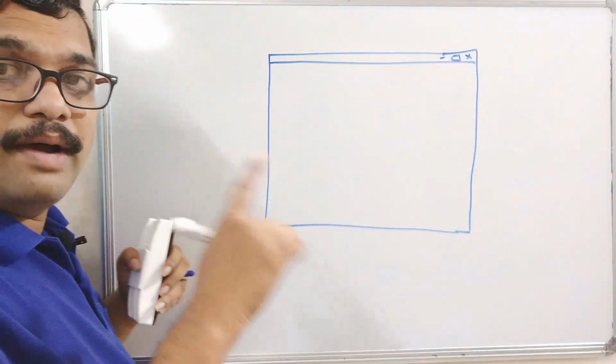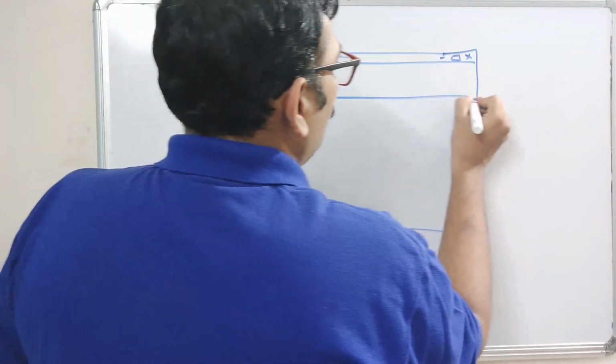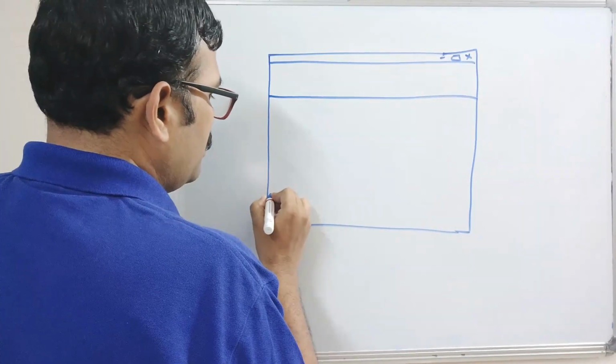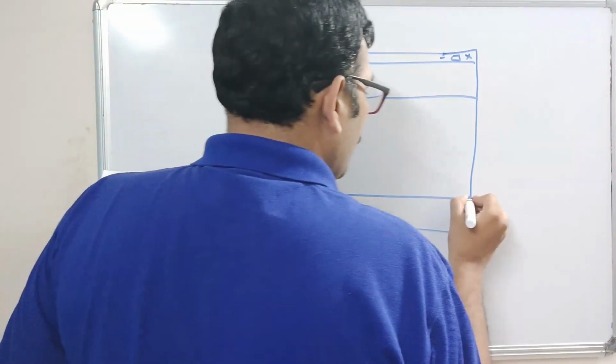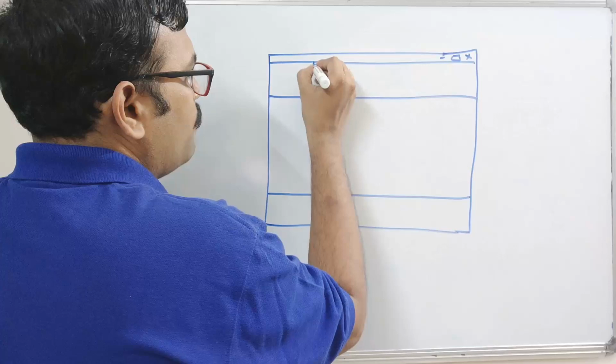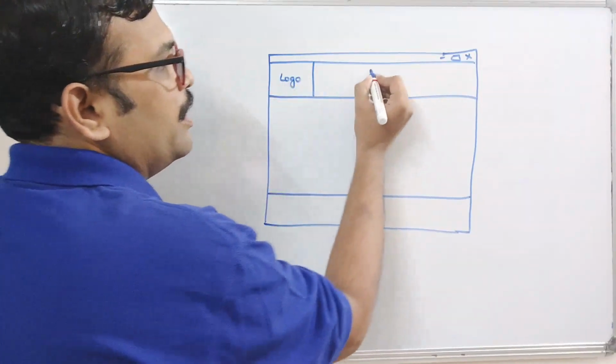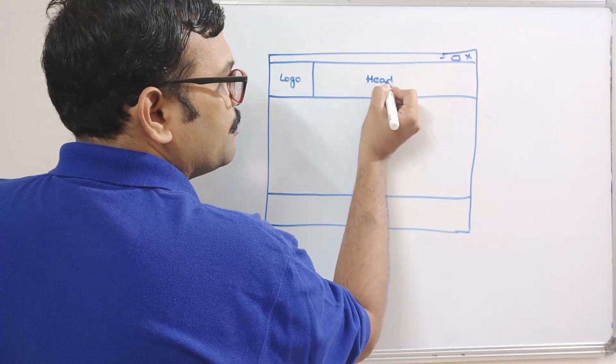First we'll divide this page into 3 columns, and then this one into 2 columns. Here we'll have the logo, and here the header.